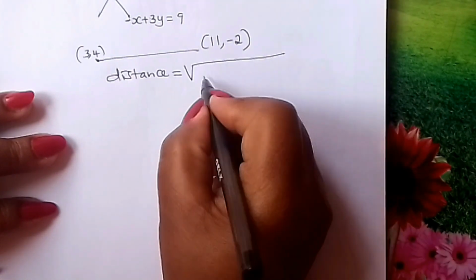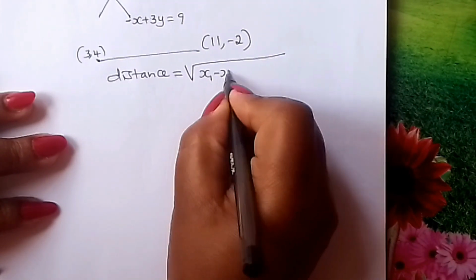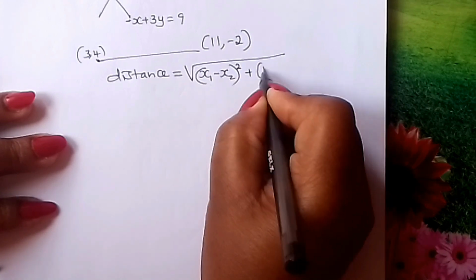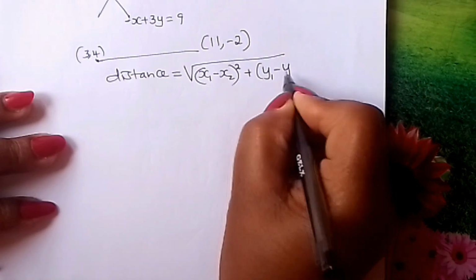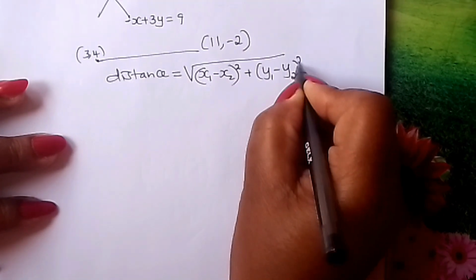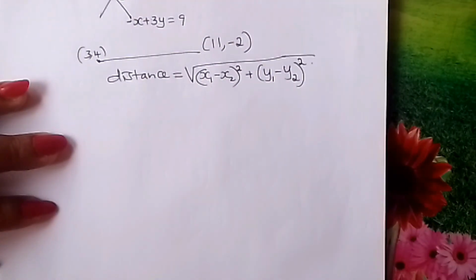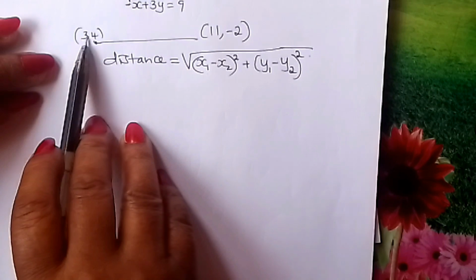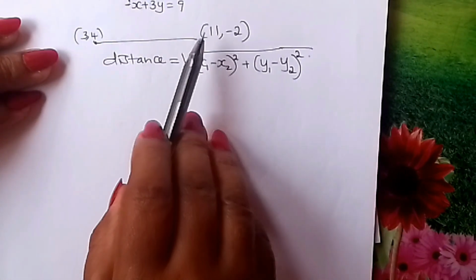Square root of, you take x1 minus x2, squared, plus y1 minus y2, squared, all under the square root. So we come to our points. Let's say this is x1 and x2.